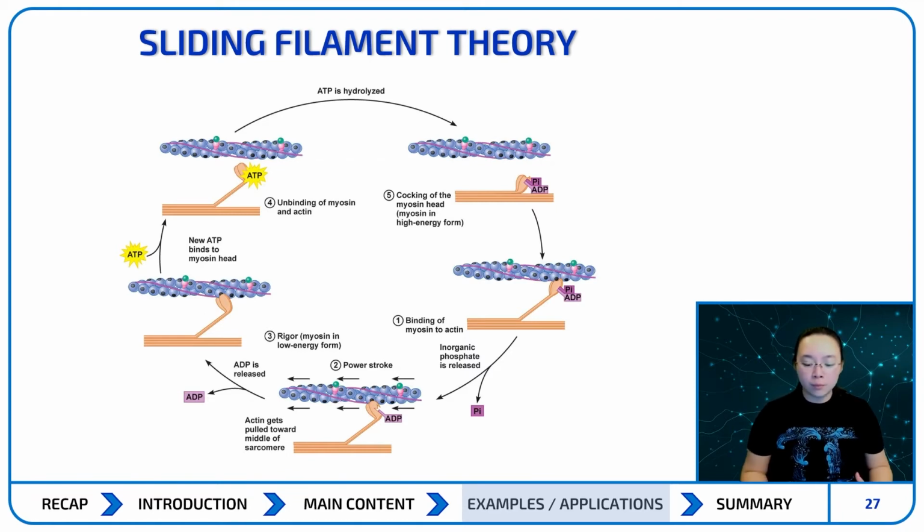So let's start with your brain telling your muscle to move. And what your brain is going to do is send a signal called an action potential, which we'll talk about later on in the course. This action potential is going to stimulate something called the sarcoplasmic reticulum. So I'll write that down here.